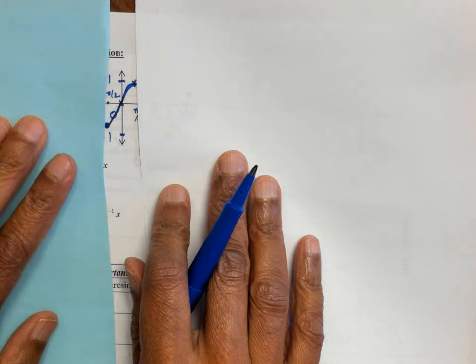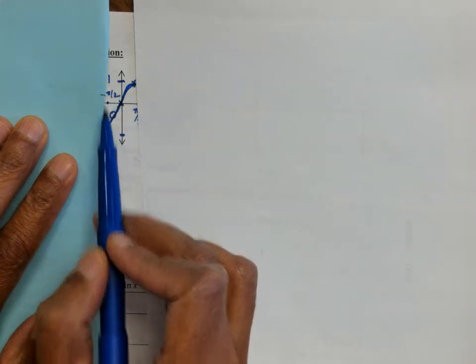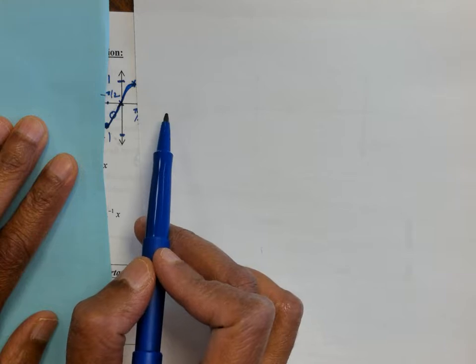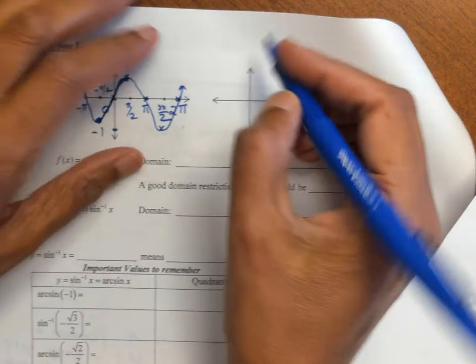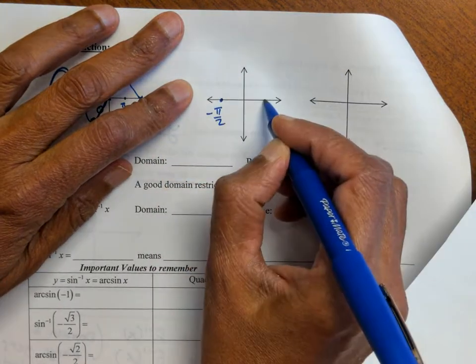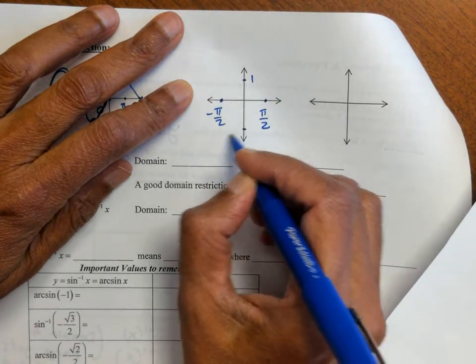Do you think this passes the horizontal line test? Yes, I definitely know it crosses the vertical line once, but if I draw a horizontal line, it crosses it only once. So you do restrict your domain, and your domain restriction is going to be from -pi by 2 to +pi by 2. This is going to be 1, this is going to be -1.